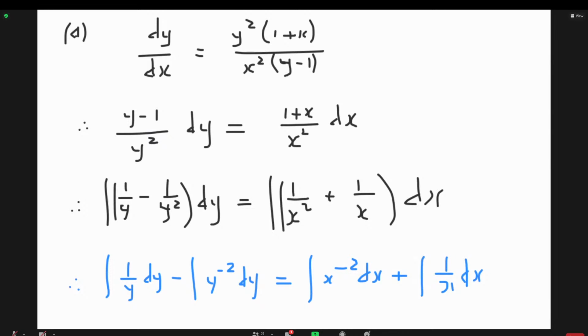So we're going to get ln y minus, will it become plus 1 over y is equal to minus 1 over x plus ln x plus c. Answer. All right, hopefully you got that. Any questions?